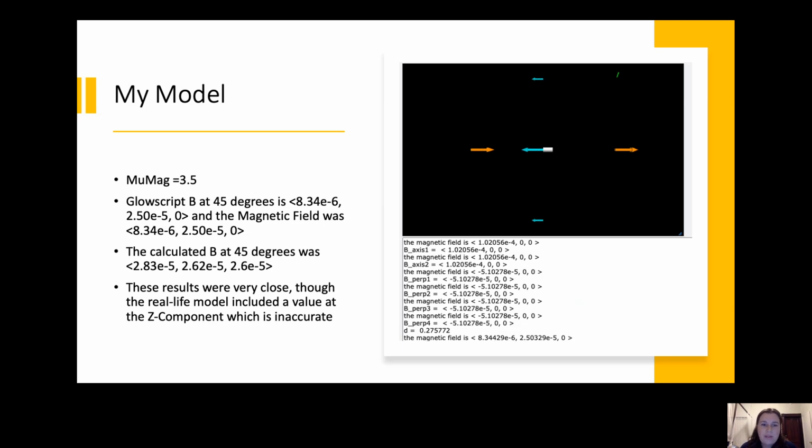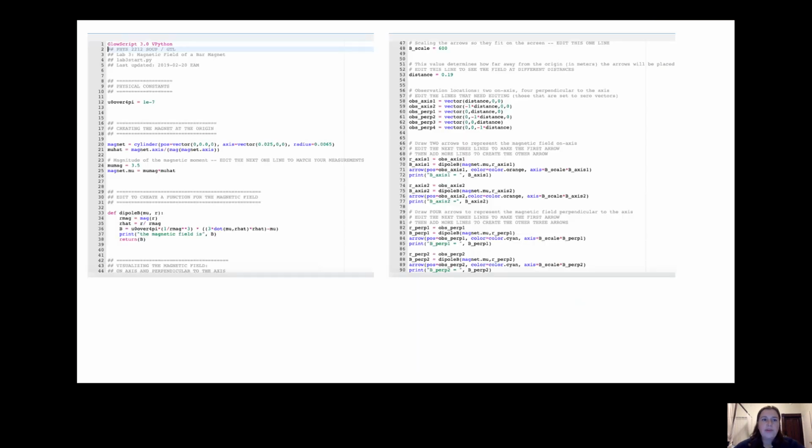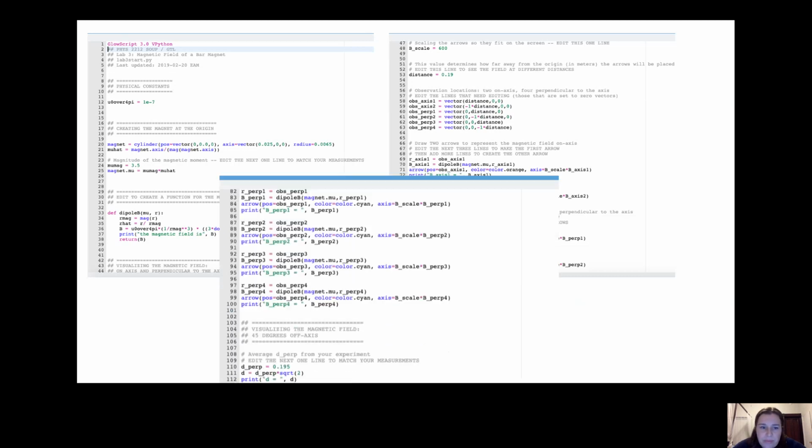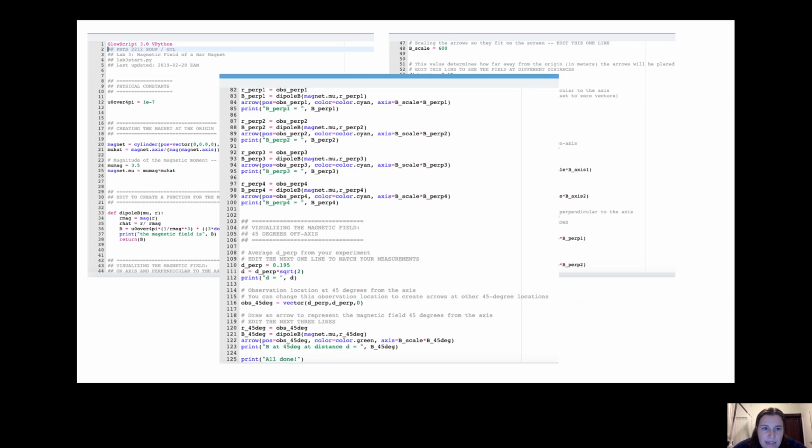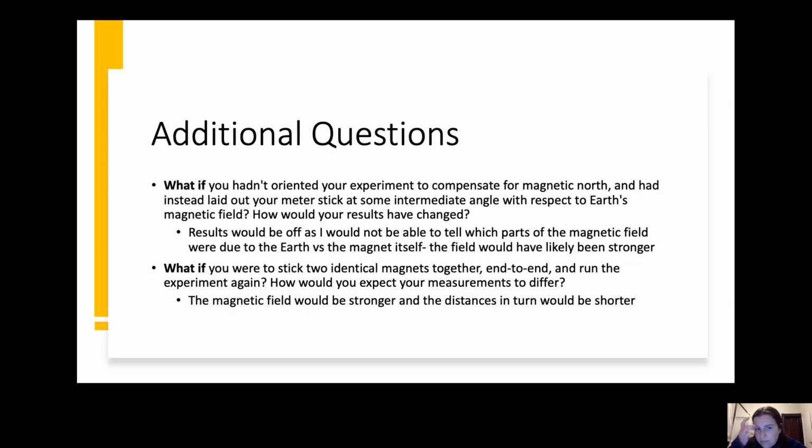Like I said, though these are close, the z component should have been 0 in an ideal state. You can see here my GlowScript model where I identified and created arrows given this starter code, and I added in the perpendicular and parallel arrows here.